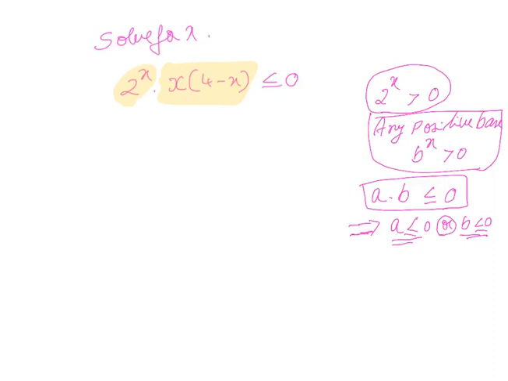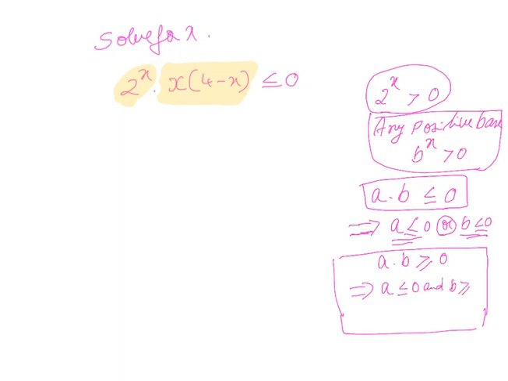Next, a times b greater than or equal to 0 implies, and this is very interesting now, that both of them are negative or both of them are positive, so that the product is positive.